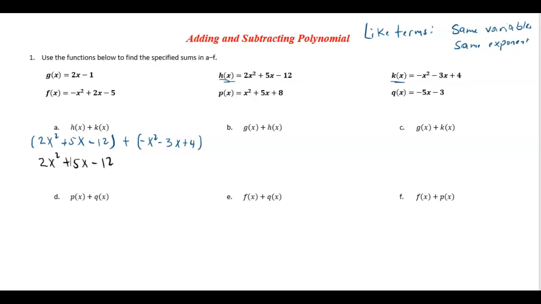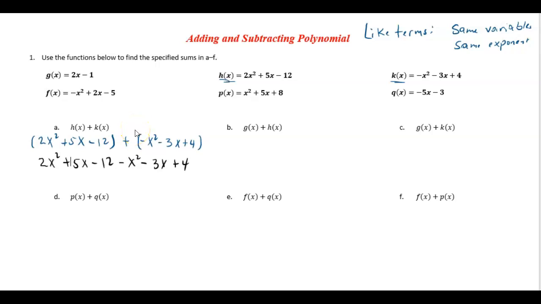We just put negative x squared minus 3x plus 4. I don't change anything in this polynomial because the sign is a plus. When you have a plus sign, it's pretty much neutral.